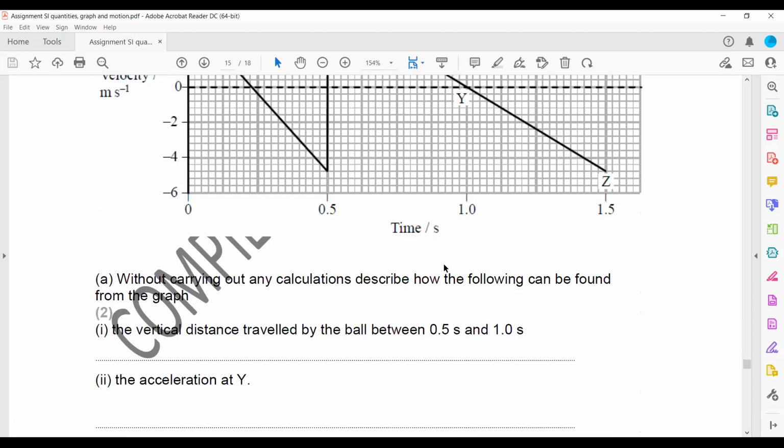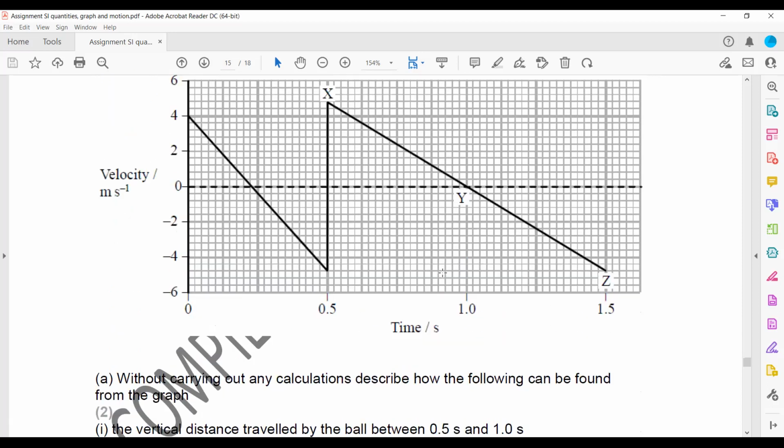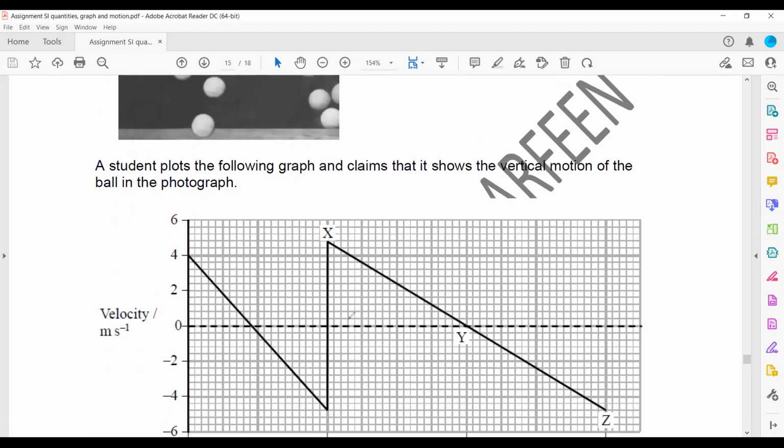Without carrying out any calculation, describe how the following can be found from the graph. The vertical distance traveled by the ball from 0.5 to 1. So how can we find the vertical distance? If we have a velocity time graph, or a speed time graph, and we want a displacement, what we do is find it by using the area under the graph. So we'll simply use the area under the graph.